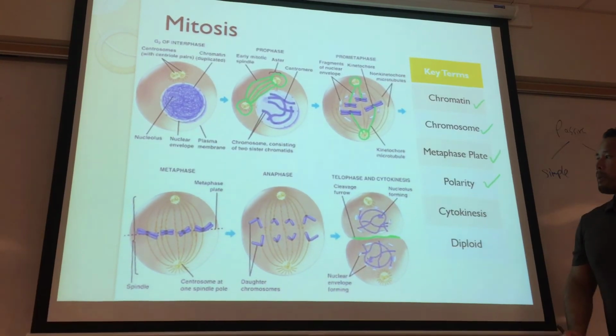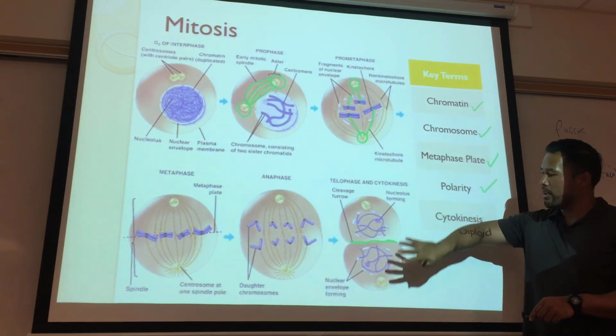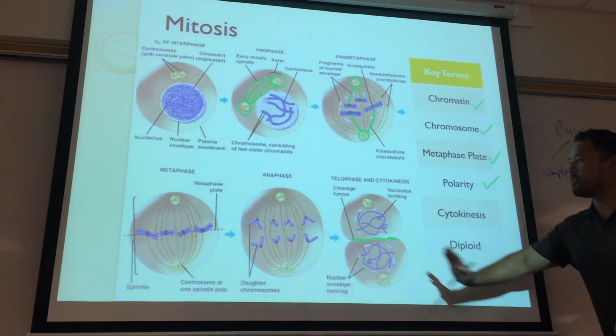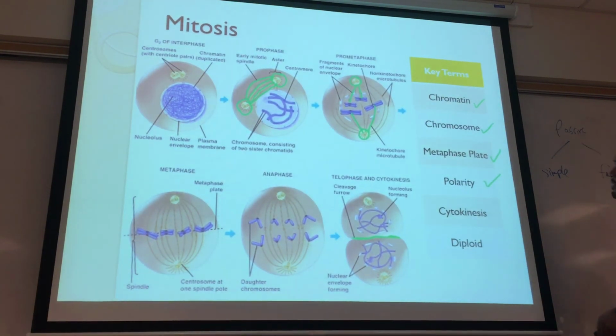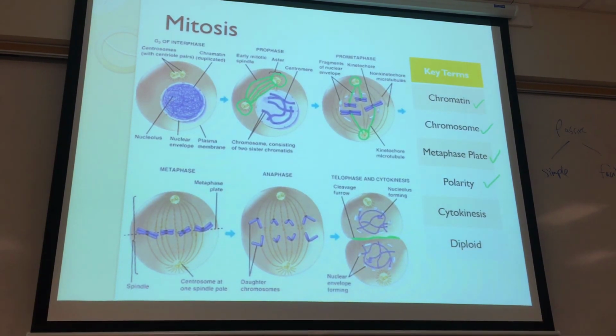And now you have one cell with an equal amount of DNA, and another cell with an equal amount of DNA. This is the process where we divide the DNA apart and create two cells. So the end product of mitosis is two identical cells with the same amount of DNA. You turn one cell into two.